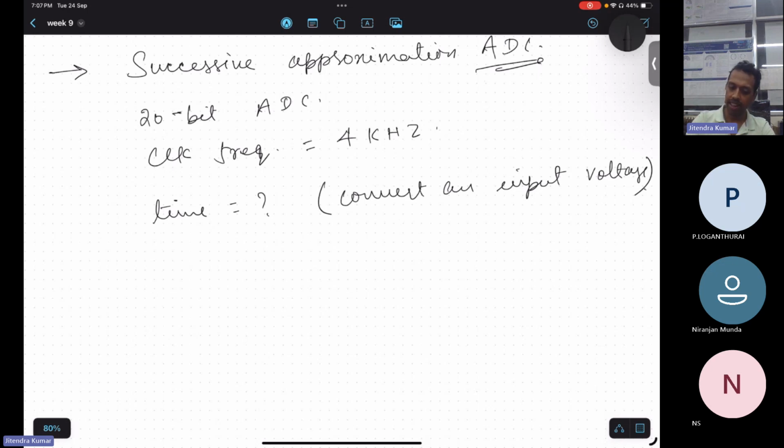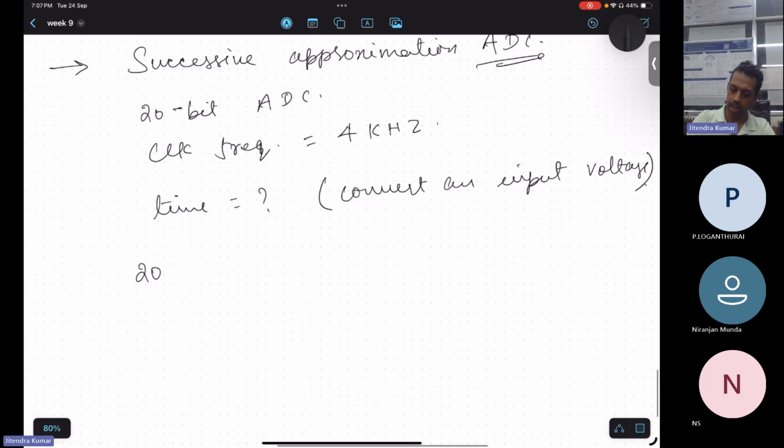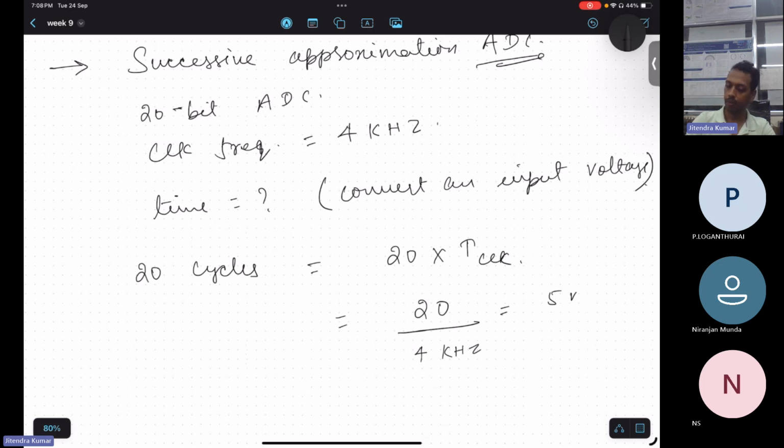Excellent. So 20 cycles will be required for a 20 bit ADC, which will be equal to 20 into T clock, which is 20 divided by frequency, 4 kilohertz. So it will be 5 milliseconds. Is that correct, Niranjan? You got it?